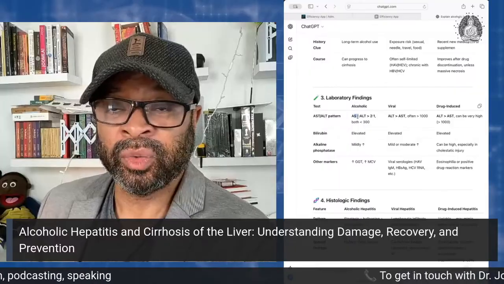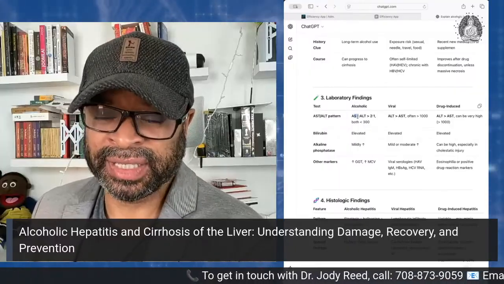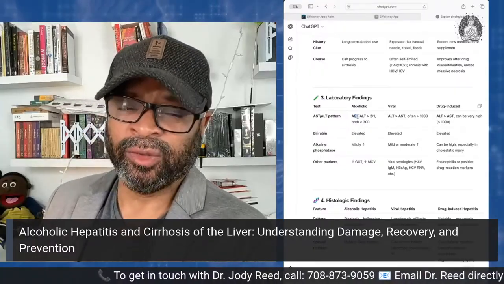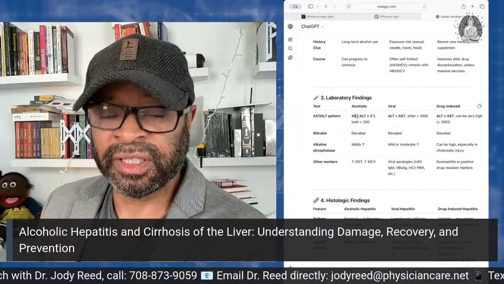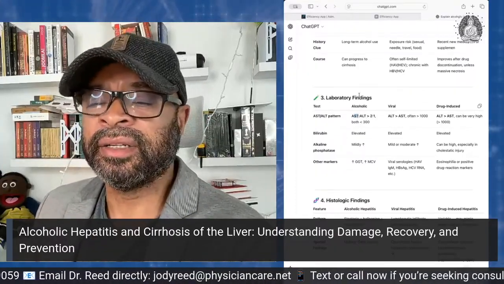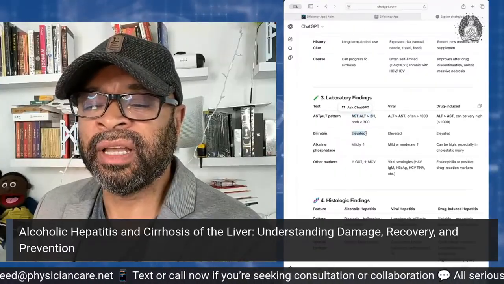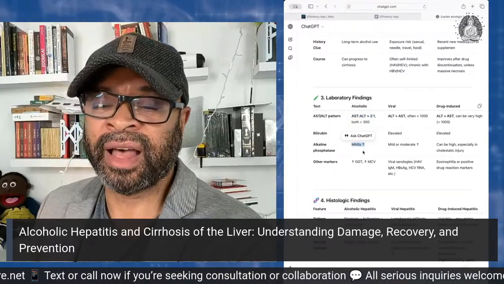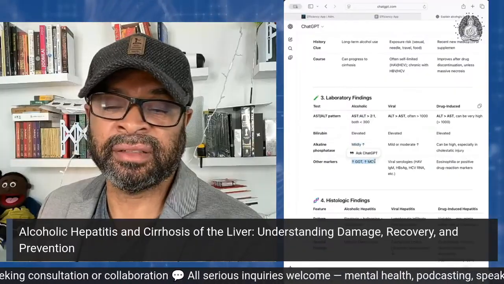So when other organs are under stress, you can get an increase in your AST. ALT is specifically connected to the liver. In alcoholic hepatitis the ratio is 2 to 1, bilirubin is mildly elevated, alkaline phosphatase is elevated, and GGT and MCV are increased.